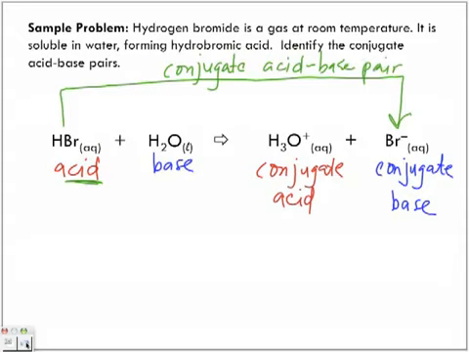The hydrobromic acid with the bromide ion are considered the conjugate acid-base pair. These two are conjugate acid-base pairs to one another. Conjugate acid to base, conjugate base to acid, or whatever you want to name it. But if you have an acid, you've got to have its complementary, which is its conjugate base.